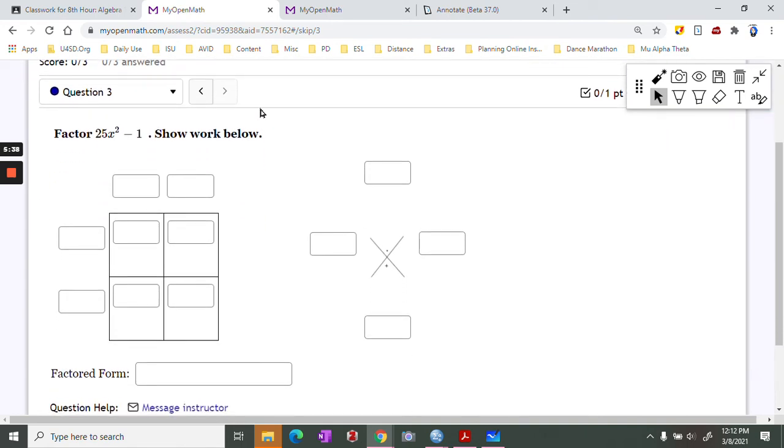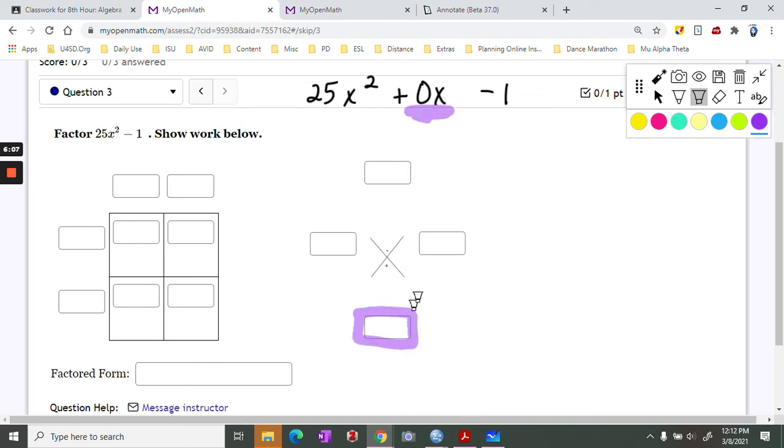So when we have a missing middle term, it is advisable to rewrite your problem correctly. 25x squared, I am going to write 0x as my middle term because 0 times x is 0 and 0 drops out. We don't have to worry about it. But that reminds us that we do technically still have a middle term. It's just 0.